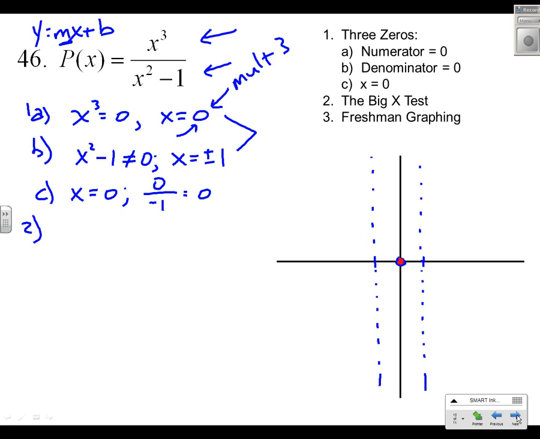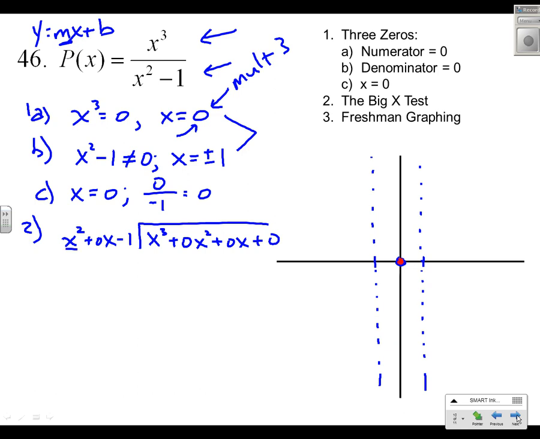And you're going to think, maybe I don't have to do what he's about to show me here, but we have to long divide this. So this is x squared plus 0 x's, I like filling in the holes, minus 1 divides into x cubed plus 0 x squareds plus 0 x's plus 0. Seems like a little overkill, but this isn't going to be bad at all.